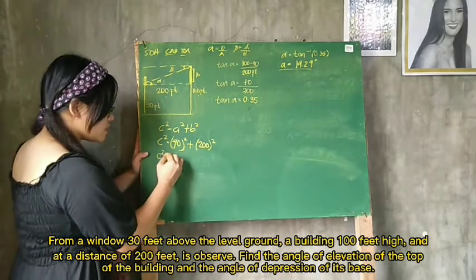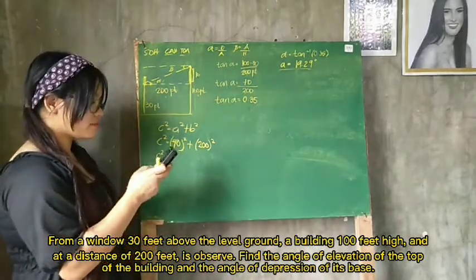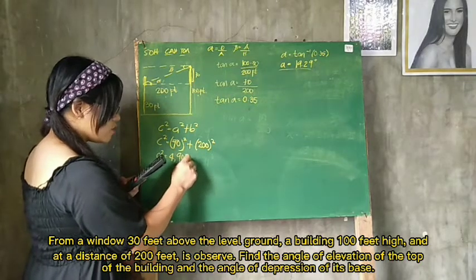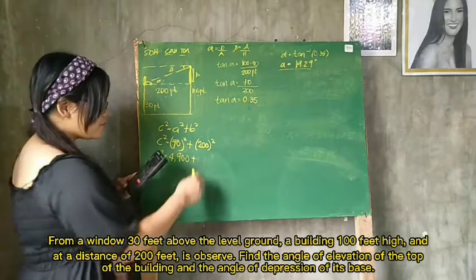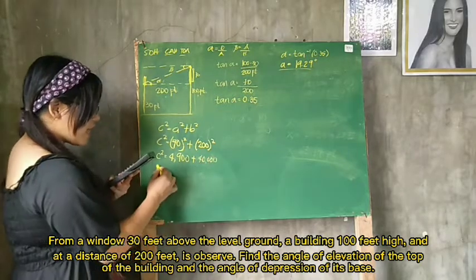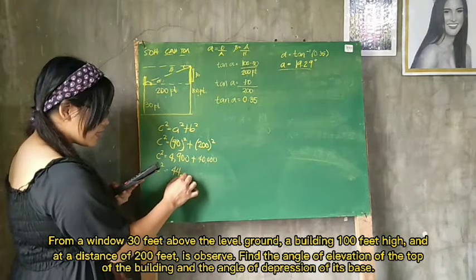So c squared is equal to 70 squared, which is 4,900, plus 200 squared, which is 40,000. If we add them, it will become 44,900.